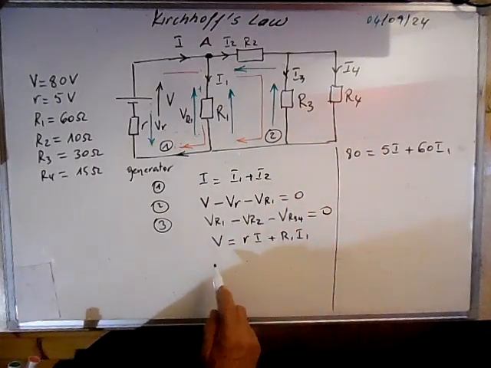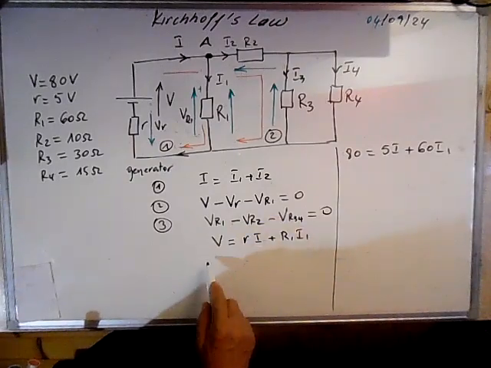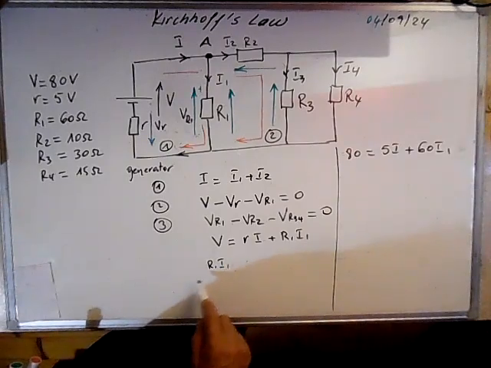Second mesh, it's here, so VR1 is R1 times I1.